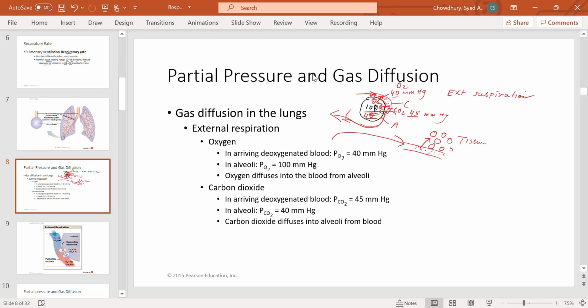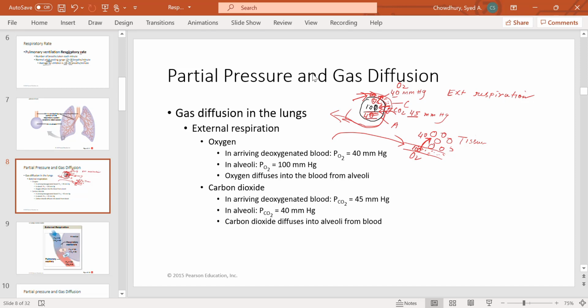So the pressure of oxygen is high here, and in the tissue it is low. So the oxygen will move from the blood to the tissue. Tissue needs oxygen, right? Blood goes to the tissue to give the oxygen, and blood goes to the lung to get the oxygen. So that's the important information.